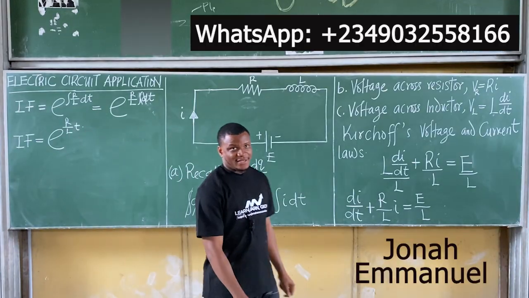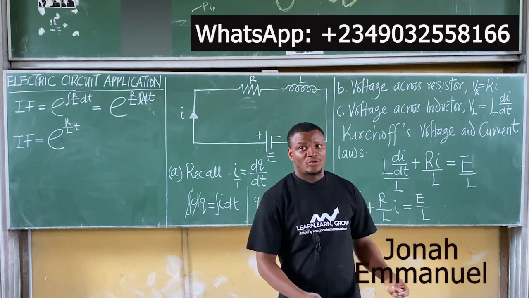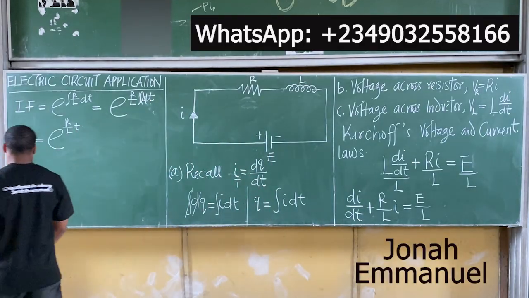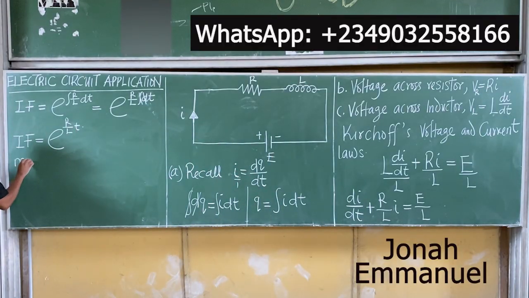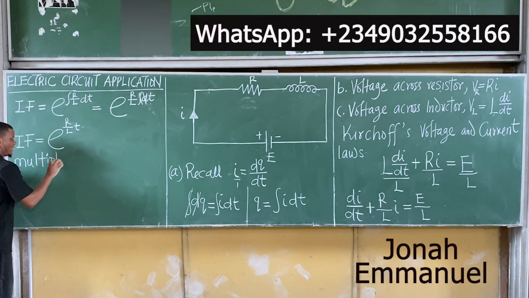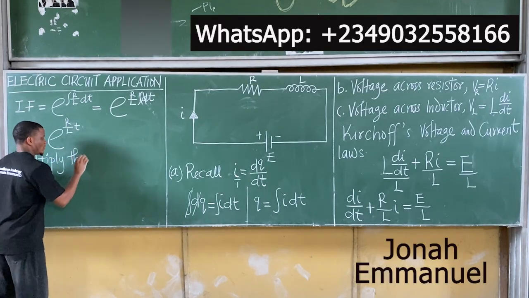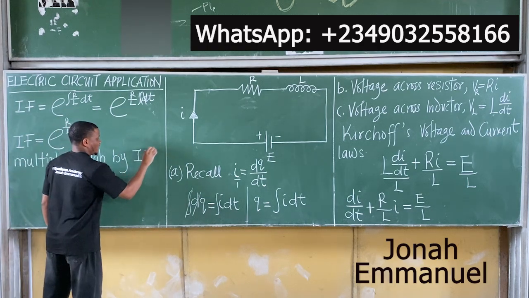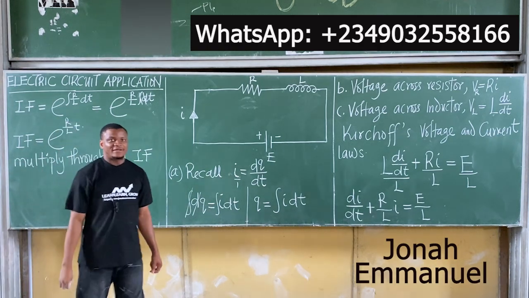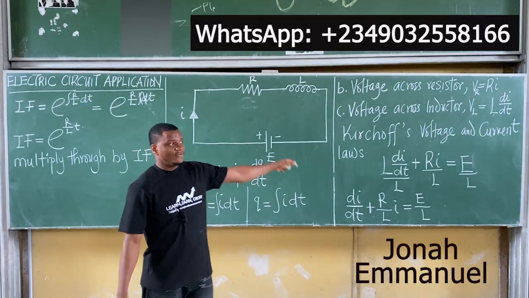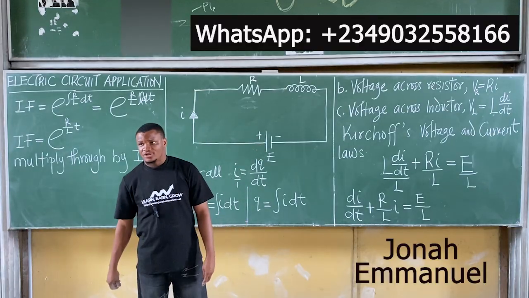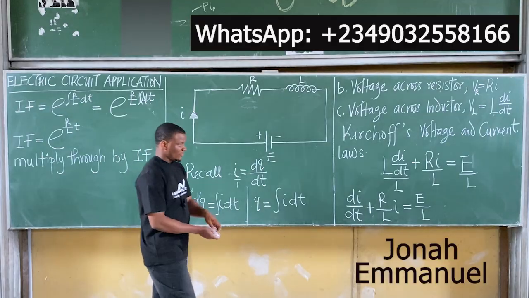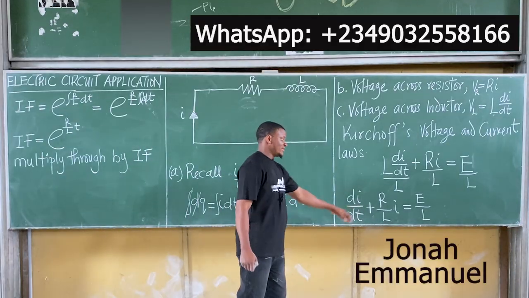What's my next task there? Use the integrating factor to do what there? Multiply through. Multiply through by the integrating factor. That's how we solve this. Please, if you missed out our last class on integrating factor or on how to solve first order non-homogeneous ordinary differential equation, go check out that video. See how we solve things of this nature.